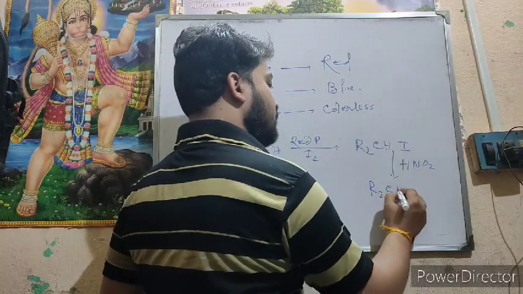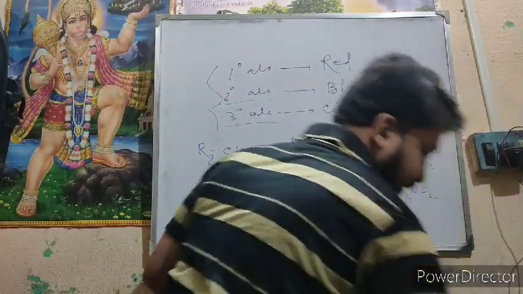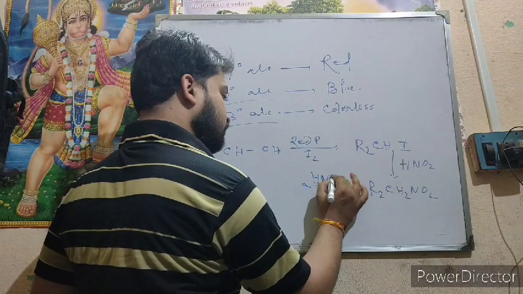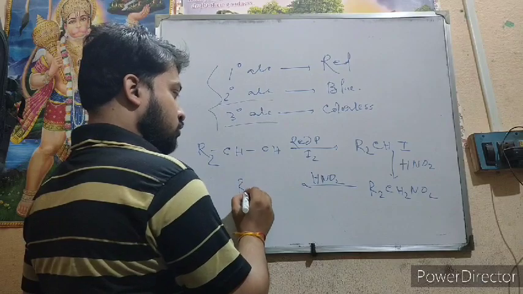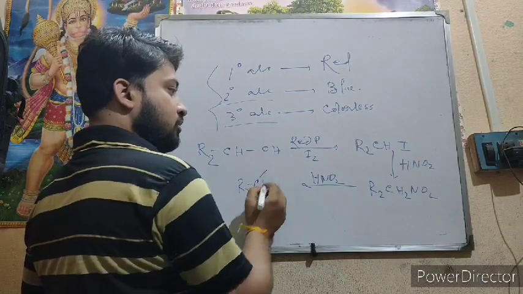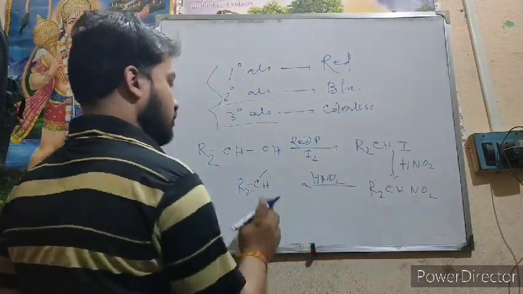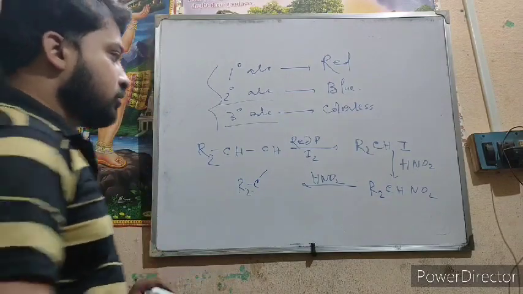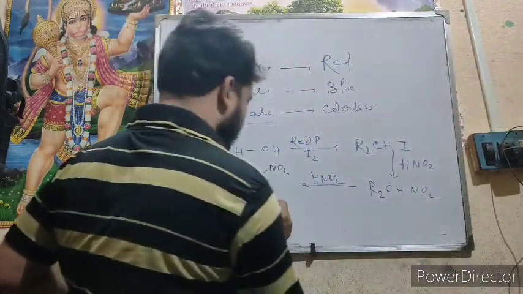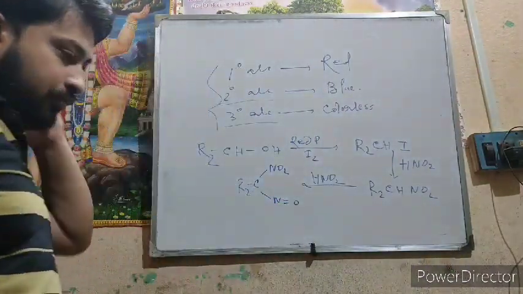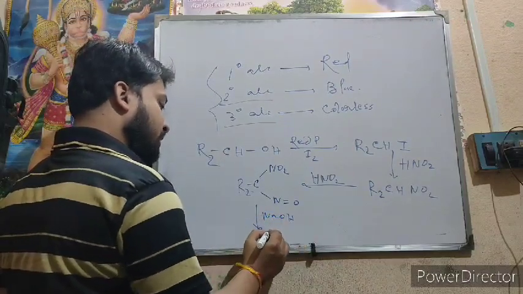Okay, you get RCH2NO2, and then you react with HNO2, you get R2C(NO2)N=O, with NO as a double bond to O. If you react with NaOH, you get blue color.